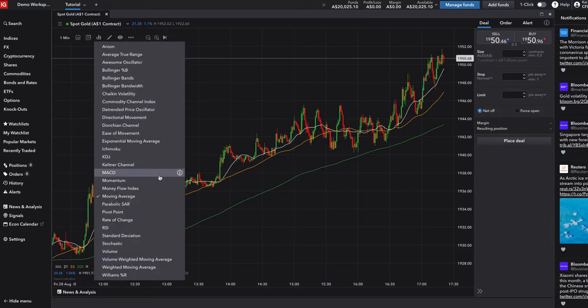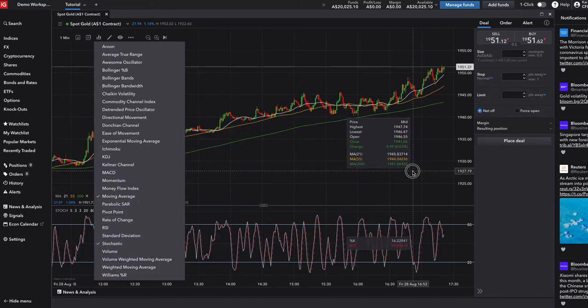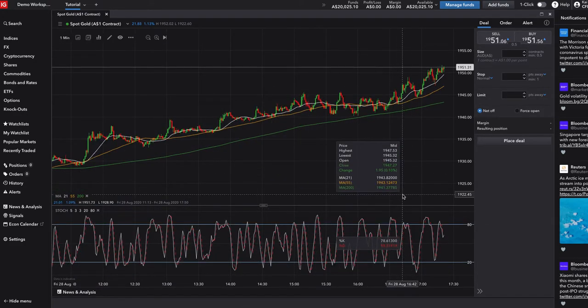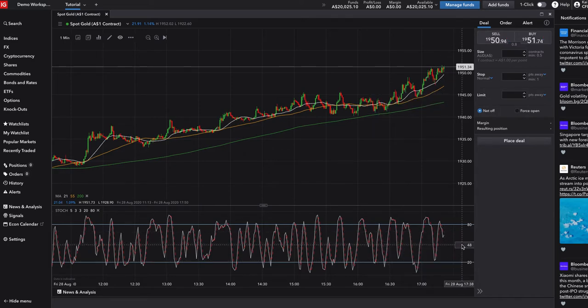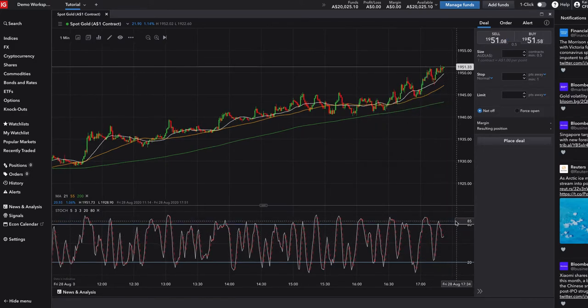Next, we probably want to add some kind of oscillator, so let's add the stochastic. And what this tells us is how strong the trend is. So, long story short, if this line gets up to here, above this line at the top, it's telling you it's probably going to be near the top and it's going to start coming down price wise.